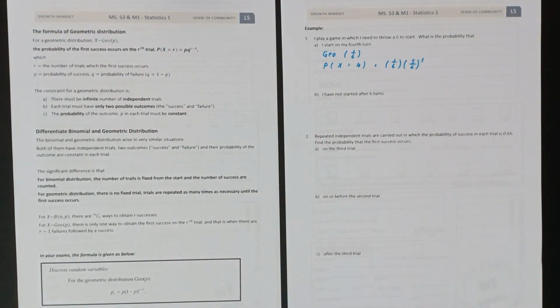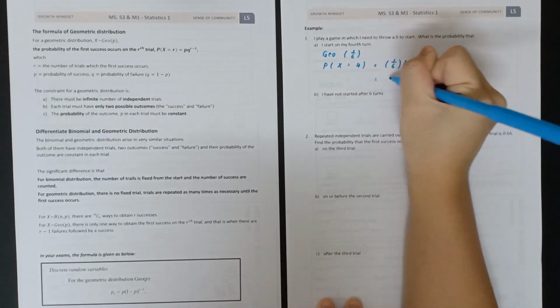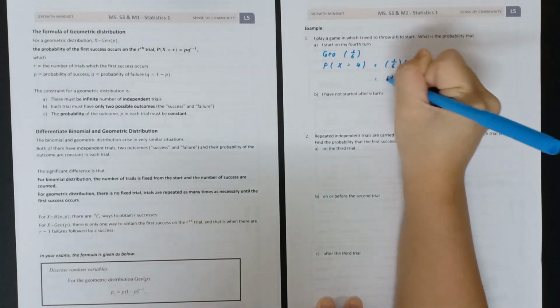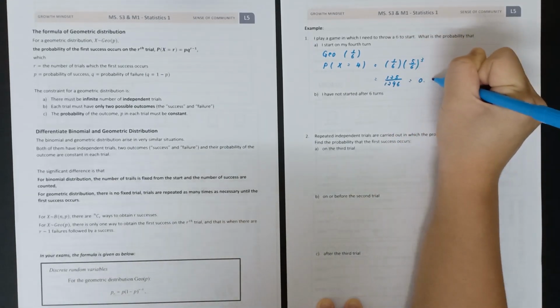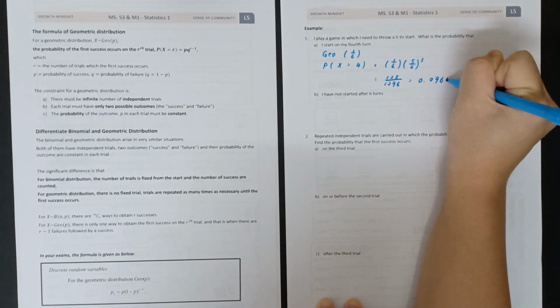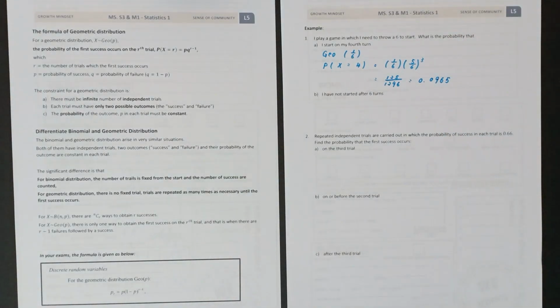I hope you find it much easier than the binomial distribution that you have learned previously. After you use your calculator, you should be able to get 125 over 1296, which gives you the answer 0.0965.